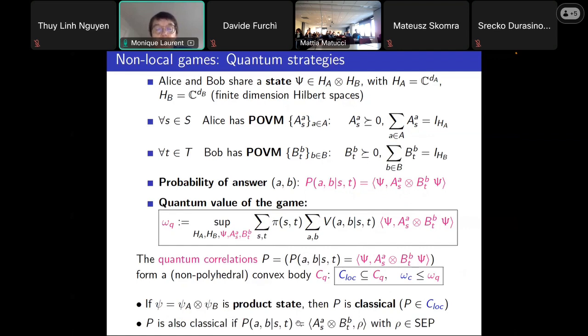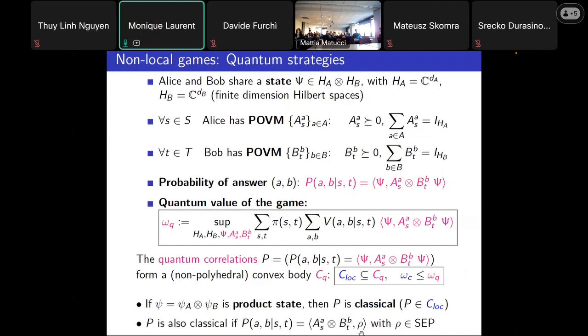So more generally, what you could do is to define your correlation P by moving the psi here to the other side, and I would get the inner product of this matrix with psi psi star.